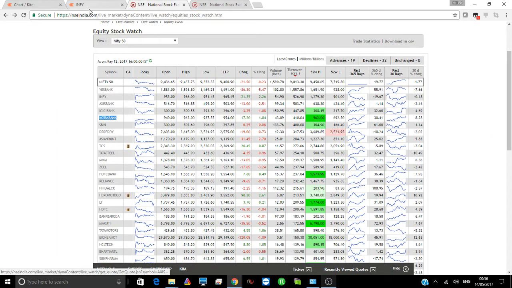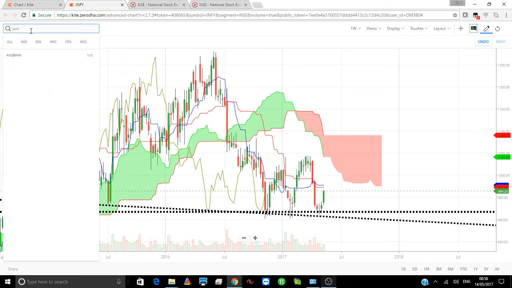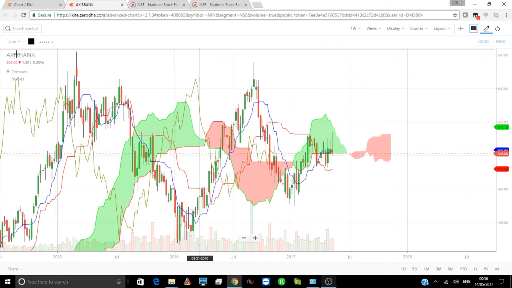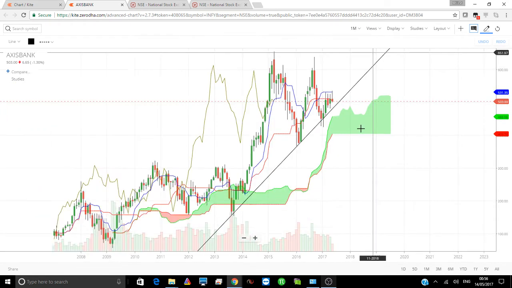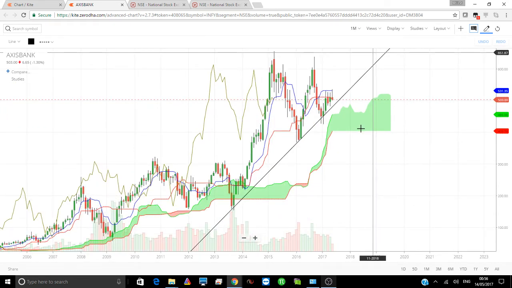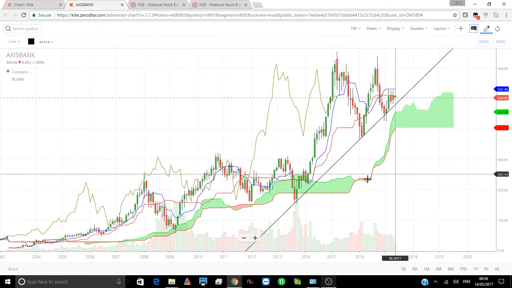Next one is Axis Bank. Okay, here. Will you take this guy? No, the answer is no. The weekly future cloud is red. Wow, look at the monthly cloud. Monthly cloud is excellent, very good stock.